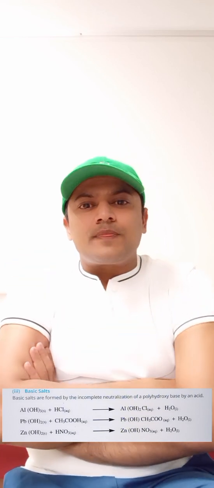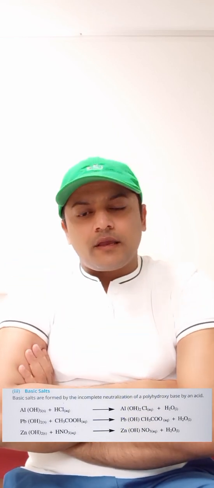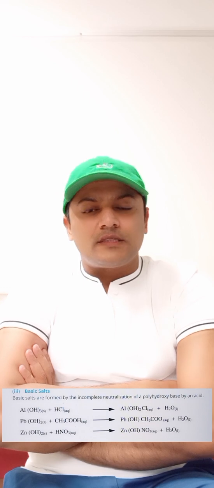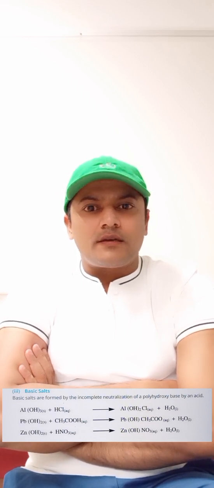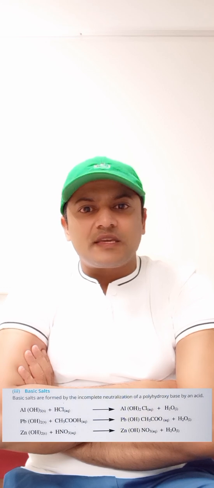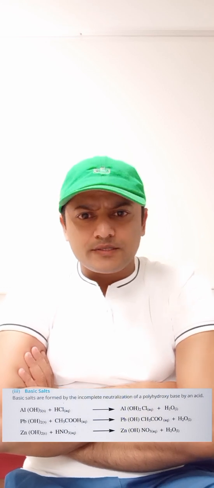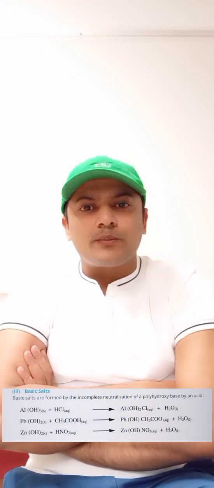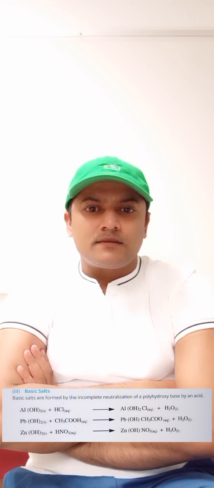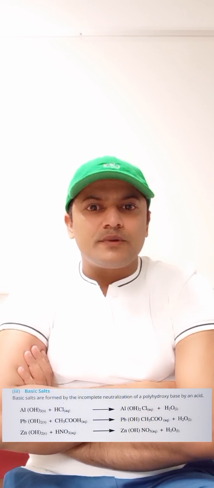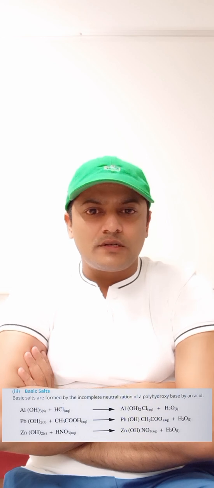Like Al(OH)3, aluminum trihydroxide, reacts with HCl, that is our acid. The resulting product will be Al(OH)2Cl, that is our basic salt.